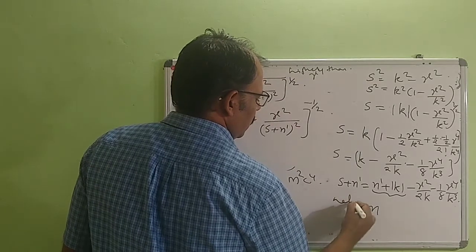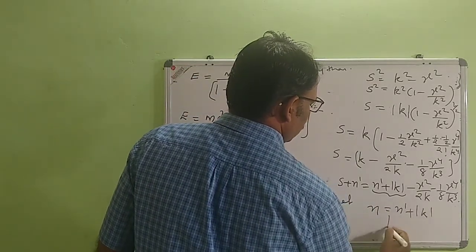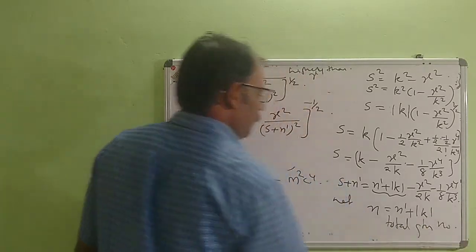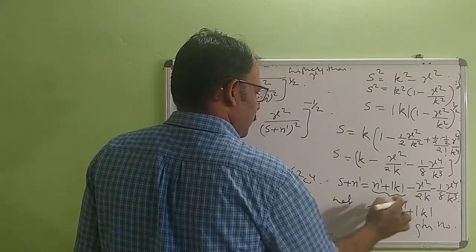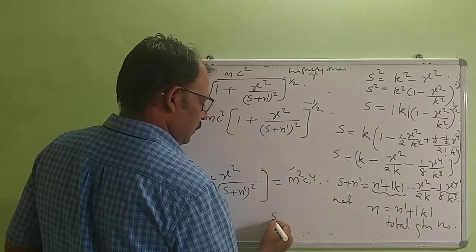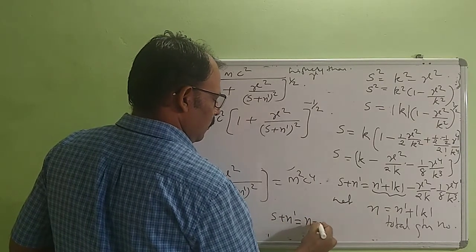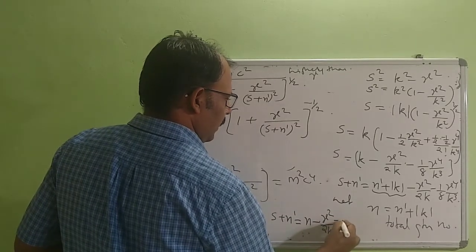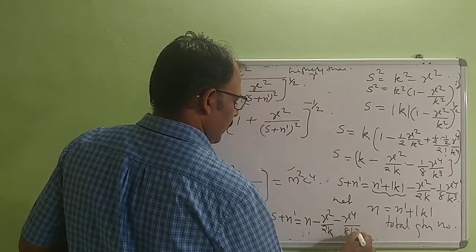Let n equal to n prime plus mod k. This is the total quantum number. If I take n prime plus k as n, then this term we can write it as s plus n prime. I can write it as n minus gamma square by 2k minus gamma raised to 4 by 8k cube.